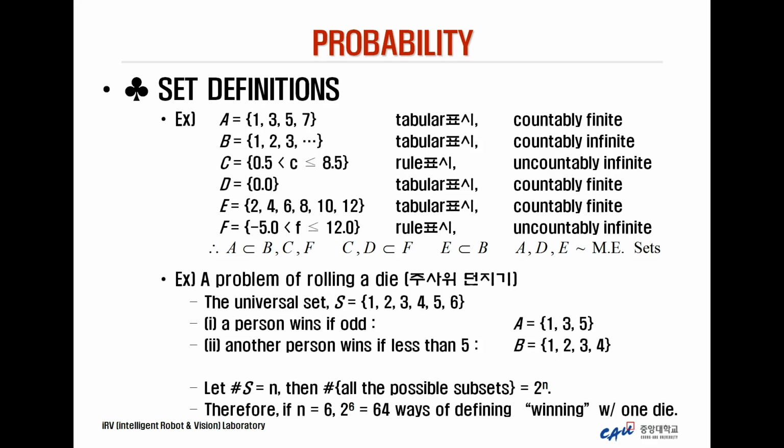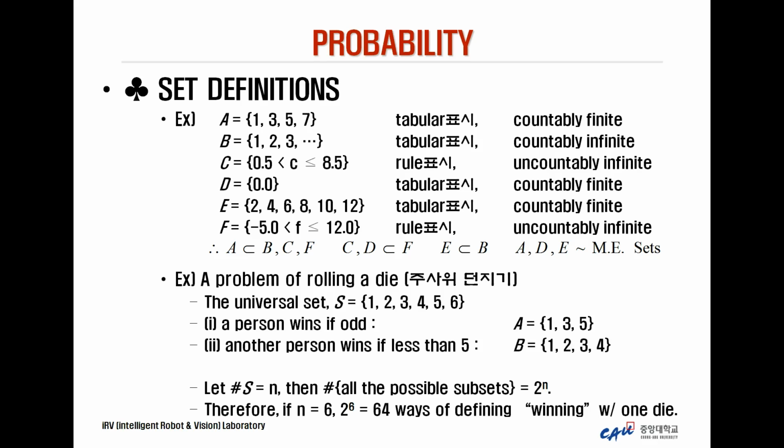We have 2 conditions, so let's define those concepts with sets. Set A is the first condition. It contains elements 1, 3, 5. Then a person wins because they are all odd. The second condition is set B, described by 1, 2, 3, 4 because they are less than 5.